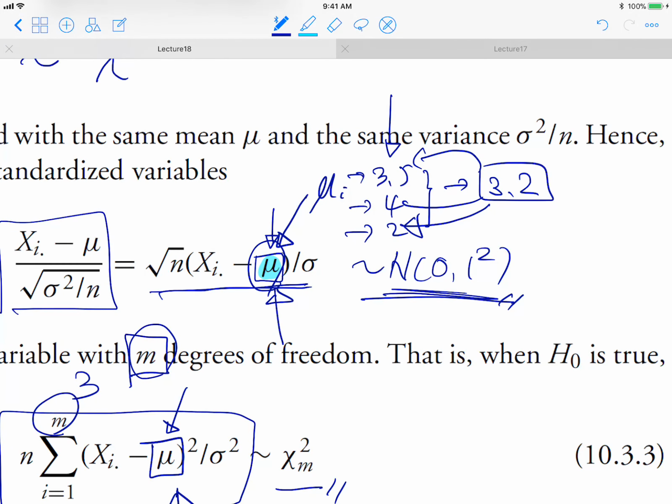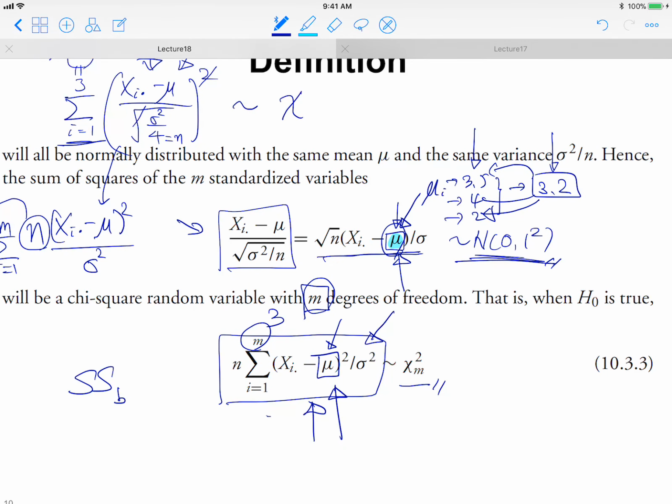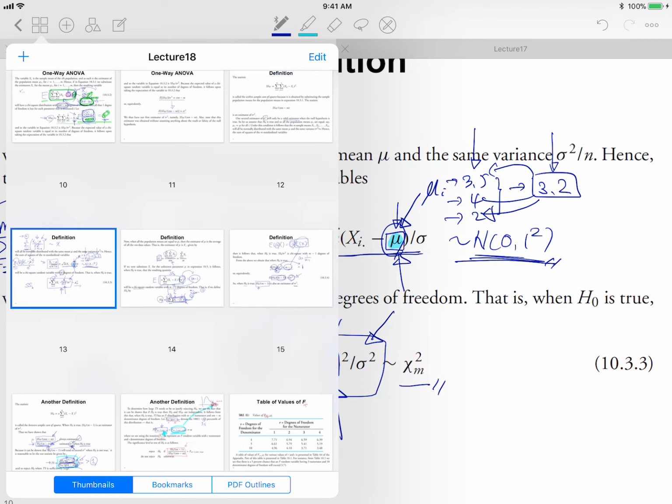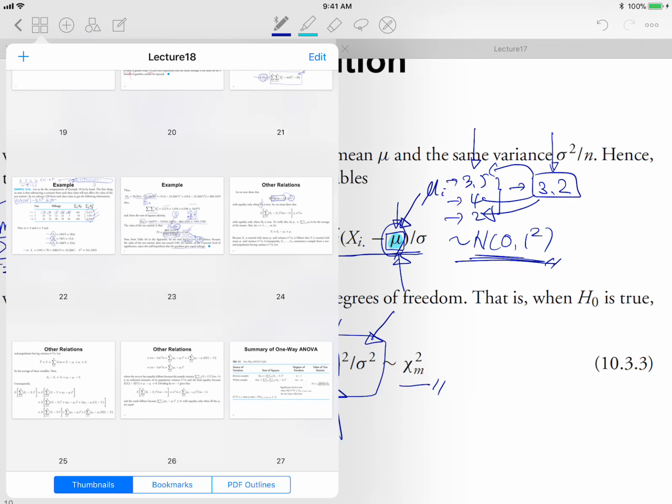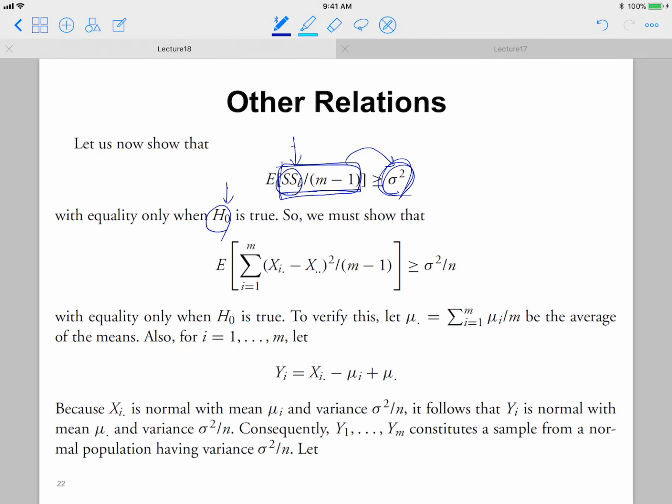So instead of using its own mu i's, the different true mean values, we just use the same mean value, and so this value will be larger, or this one will overestimate the sigma squared, right? In this case, it is showing that this is an overestimator for this sigma squared, and these slides are showing the proof for it.